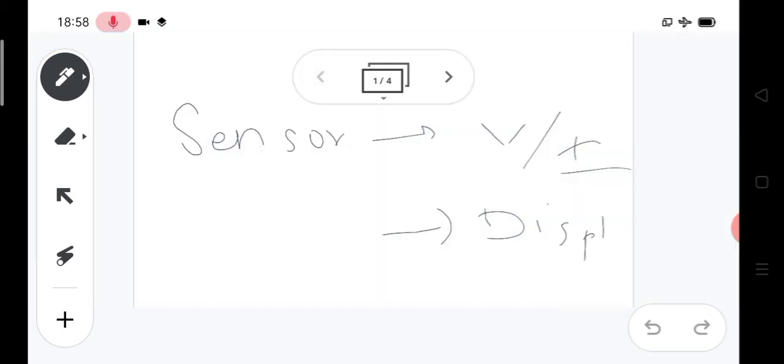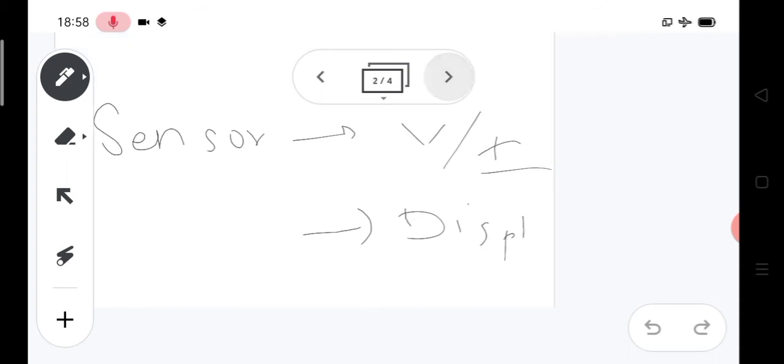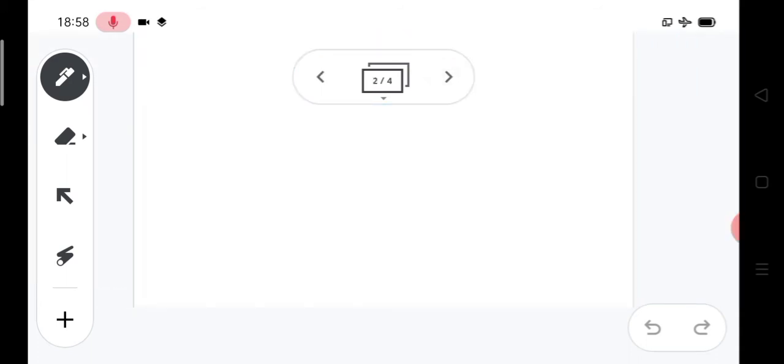The sensor and display are at a certain distance. To cover this distance, the voltage may be affected by drop or by noise superimposition. So the graph between voltage and distance becomes like this.